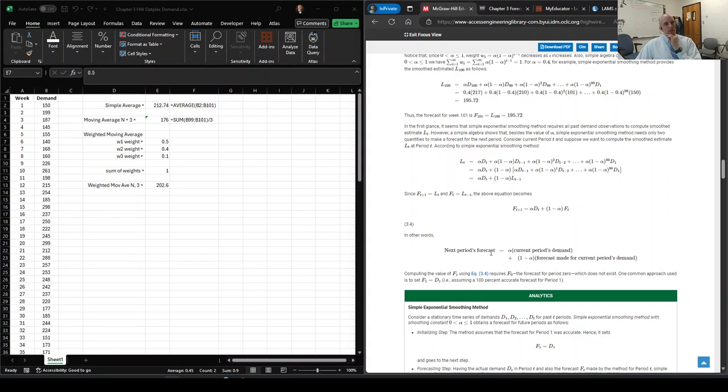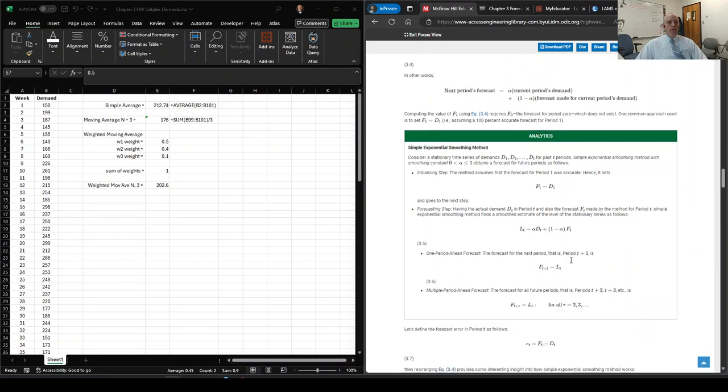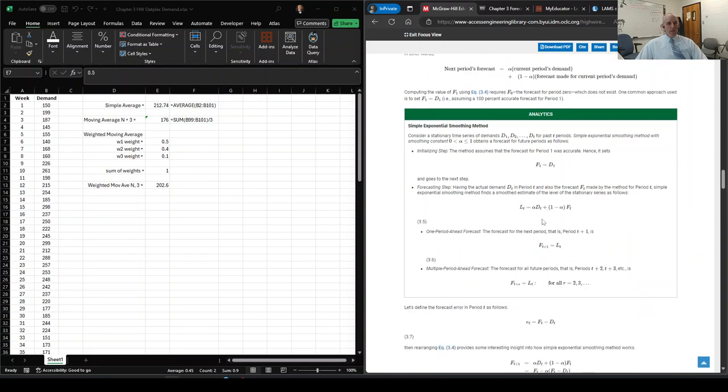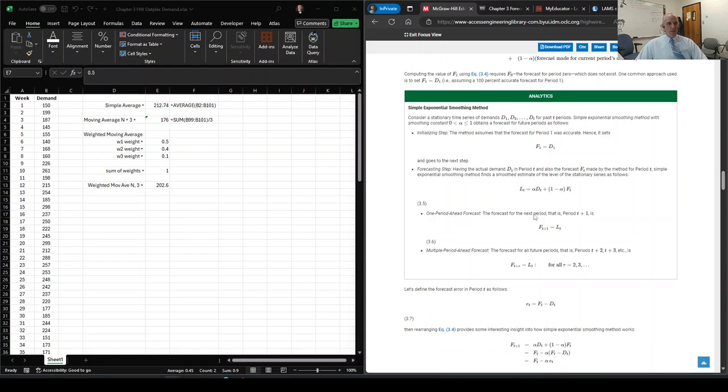And this is the verbal description of this equation. So the next period's forecast is equal to alpha times the current period's demand plus 1 minus alpha times the forecast made for the current period's demand. We have some more math here to look at this in detail.